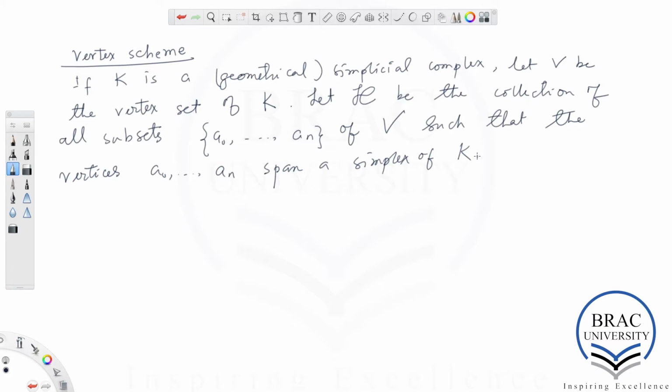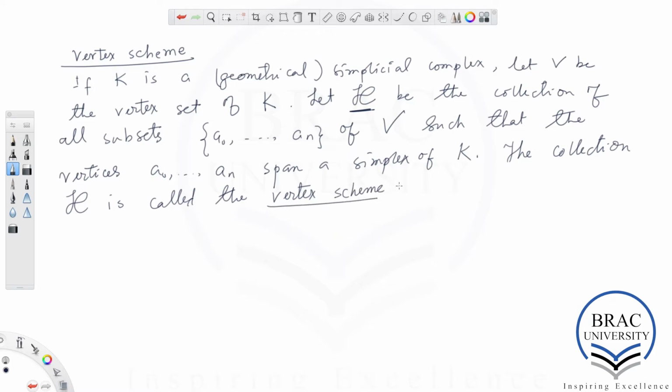And now we take the subcollection of vertices that span a simplex of the given complex K. So this is how we form this collection calligraphic K. The collection calligraphic K is called the vertex scheme of this simplicial complex K.